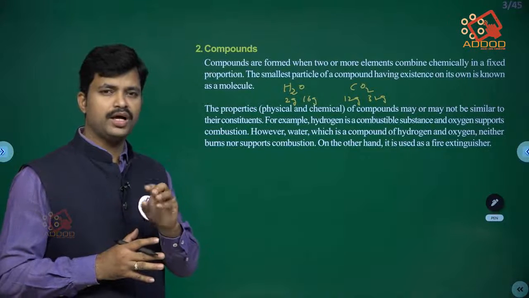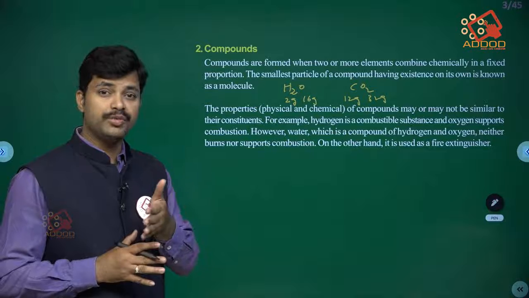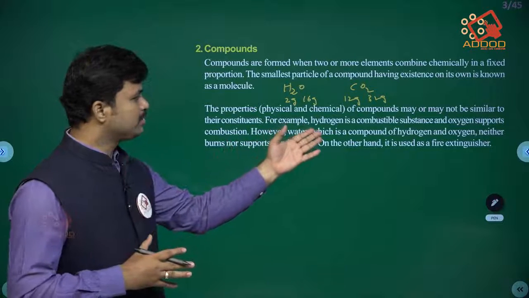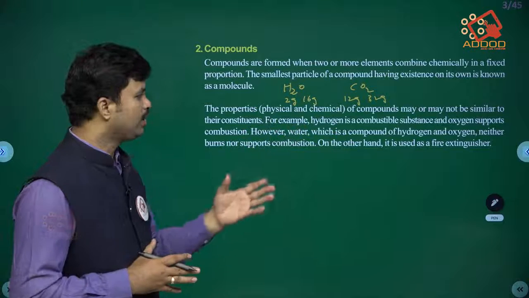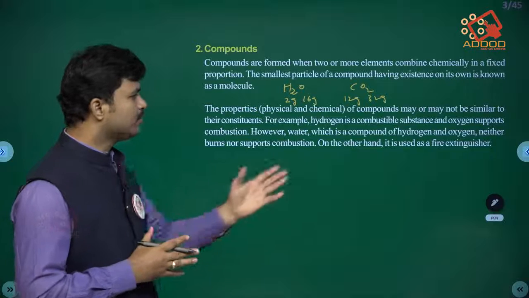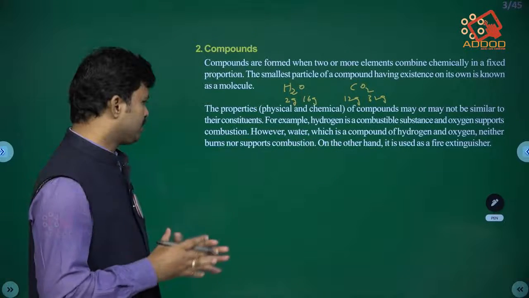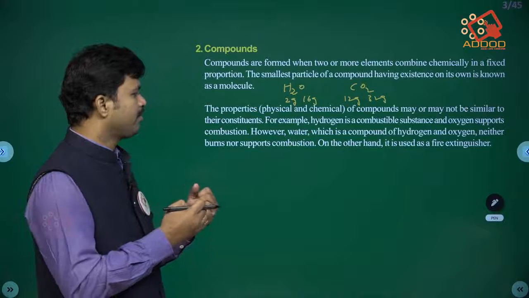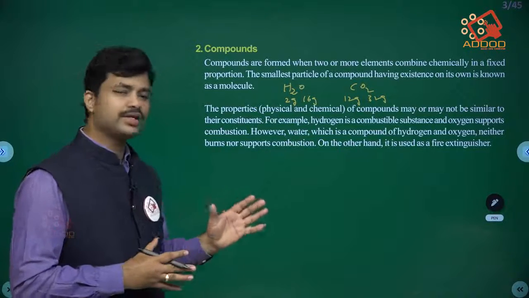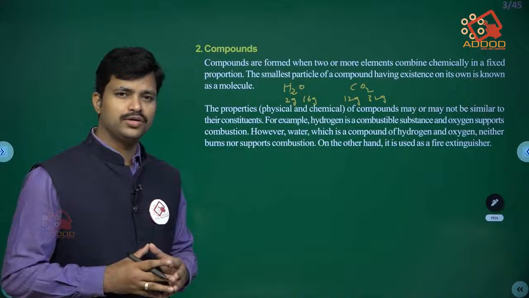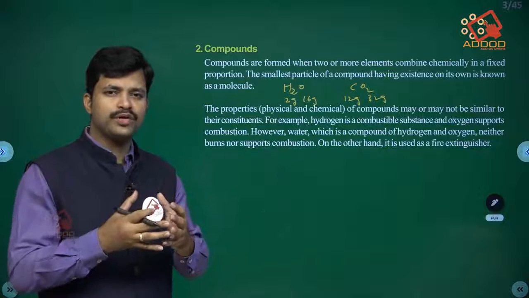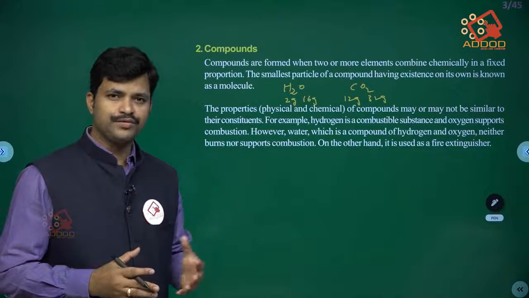For example, hydrogen is a combustible substance and oxygen supports combustion. However, water, which is a compound of hydrogen and oxygen, neither burns nor supports combustion. On the other hand, it is used as a fire extinguisher. The elements' properties are different, and the elements combining to give a compound have different properties.